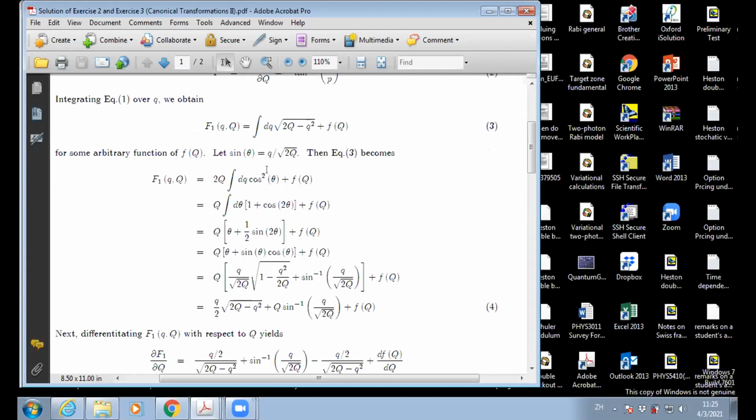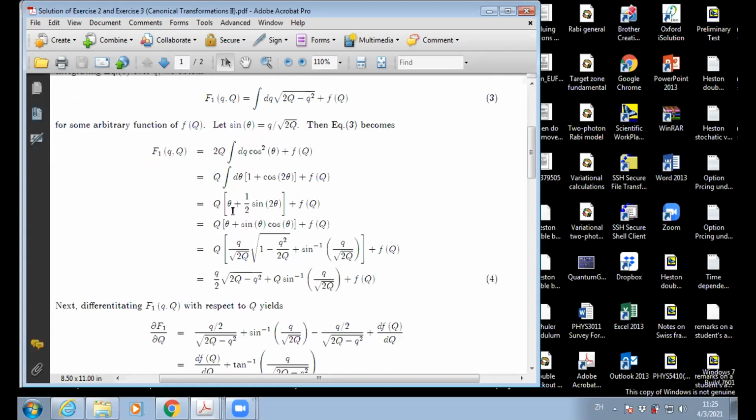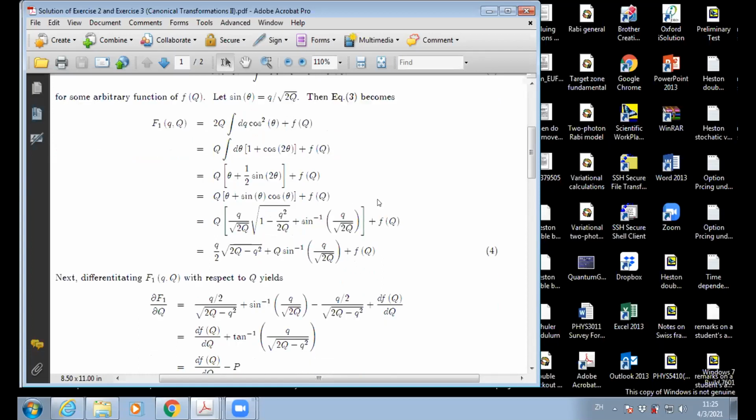Now 2 cosine squared theta is equal to 1 plus cosine 2 theta. All right. This integral can be easily performed, and gives theta plus 1/2 sine 2 theta. All right.